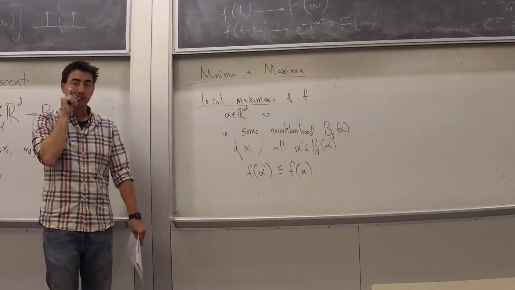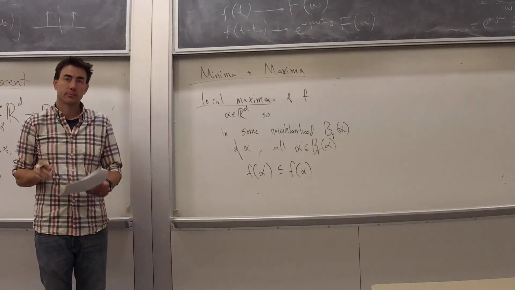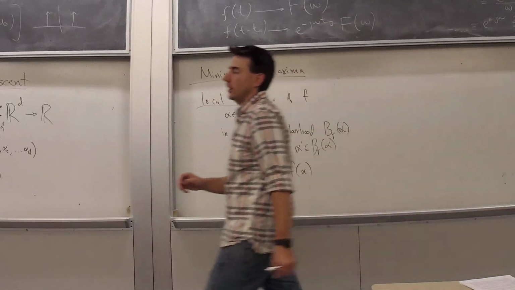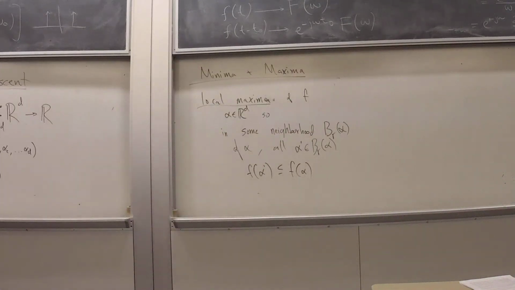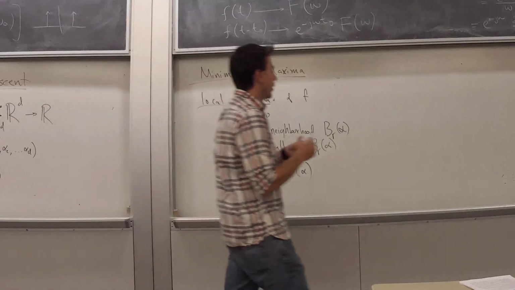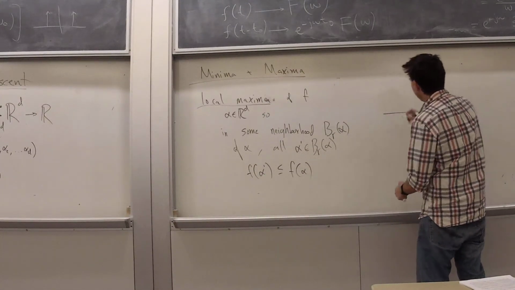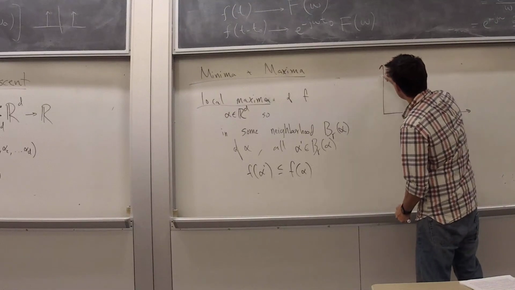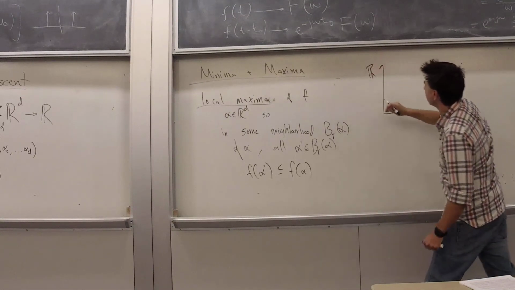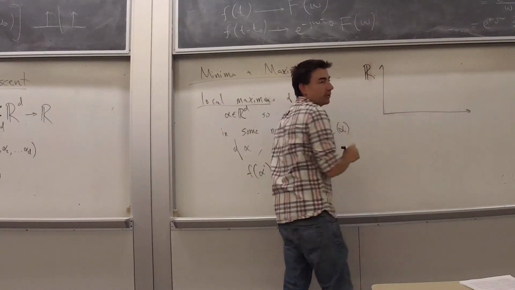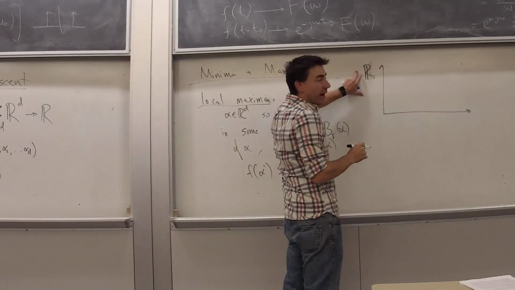Yep. So are these functions with multiple variables? Yes. Right. So the way of thinking about this, and I'm going to draw pictures on the board here. This y axis is going to be the range of the function.